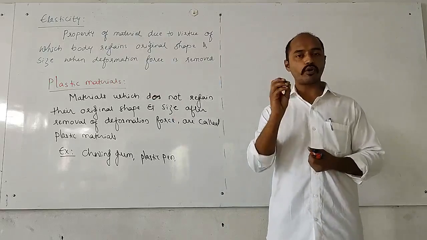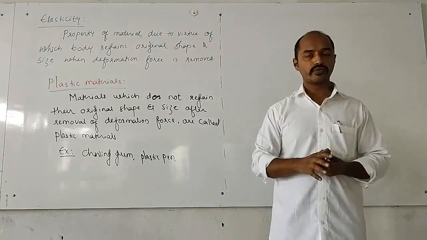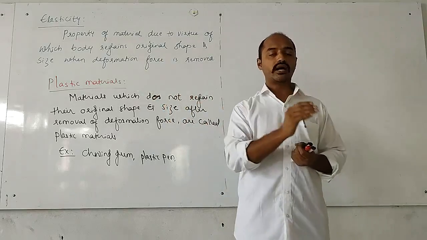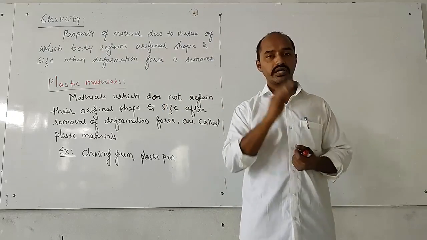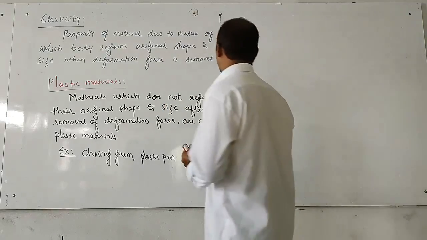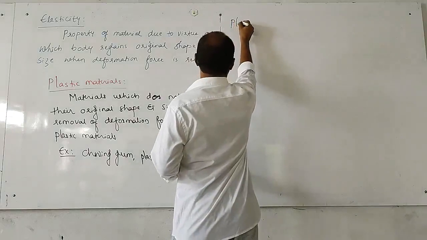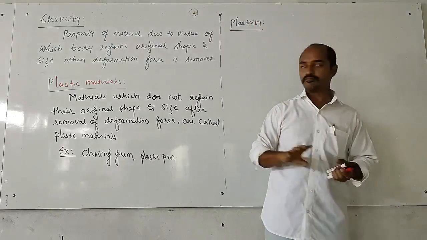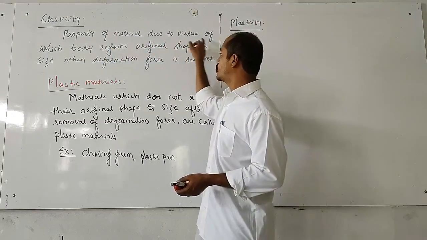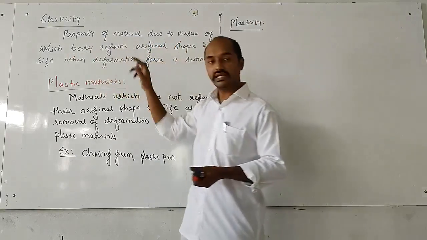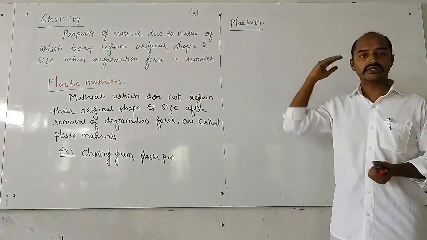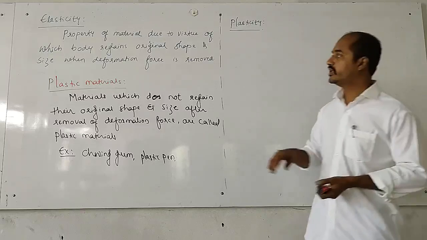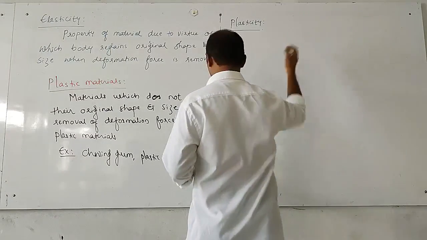So plasticity is a property of the material due to virtue of which the body never regains its original shape and size after removal of the deformation force. Such a property we call plasticity. Here it never regains, or does not regain.